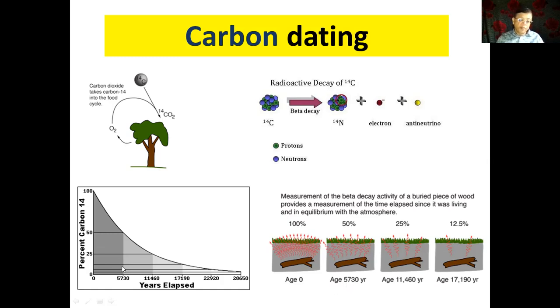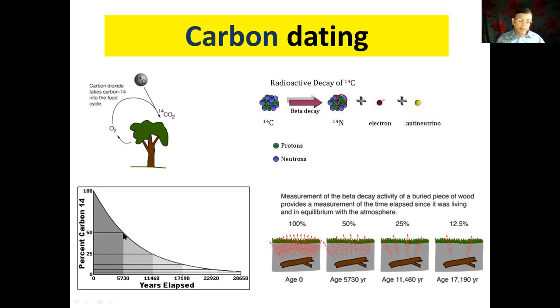So in 5,730 years, the amount of C14 that you have would become exactly half. In the next 5,730 years, it will again become half of the half. So that is the decay.